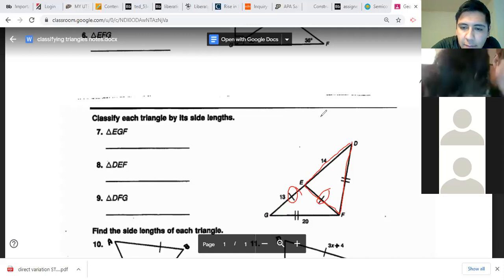That means that E and F also has to be 13. Now look at these two lines right here. That also tells us that both of those are equal. So if GF is 20, then DF is also 20. Based off of this, we have a side that's 14, one that is 13, and one that is 20. So what kind of triangle would we have here?